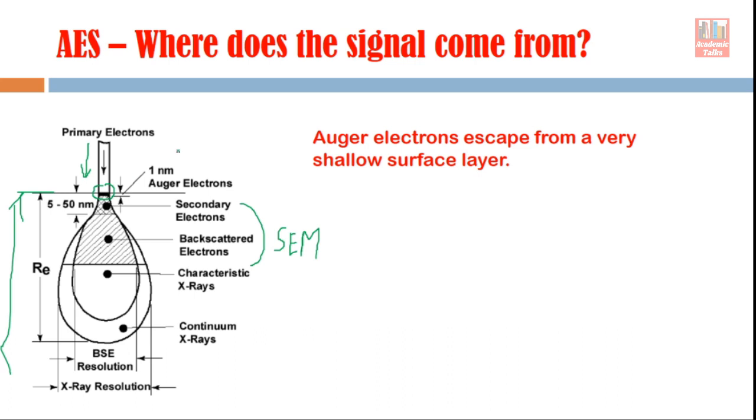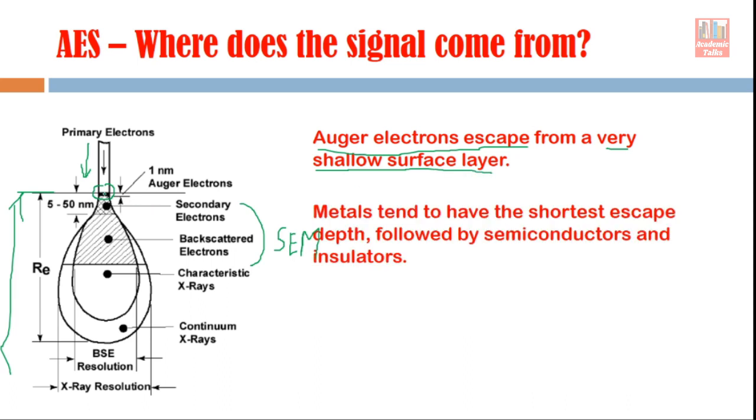So if you talk about Auger electrons, these Auger electrons escape from a very shallow surface layer, right, very shallow. And how shallow you can see from here. Now if the sample is a metal sample, then the shortest escape depth is possible.